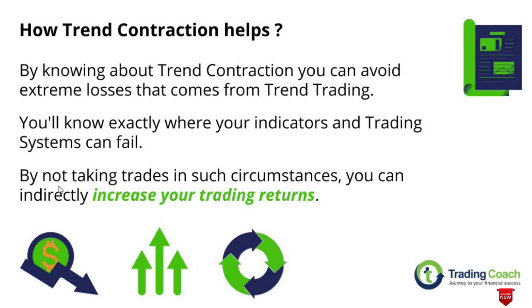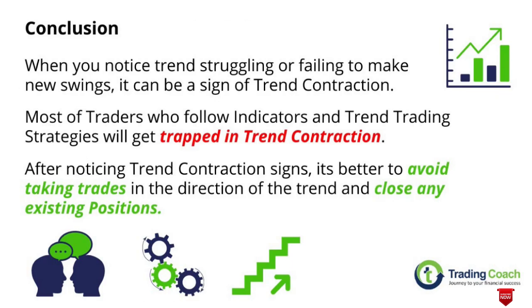And by not taking trades in such circumstances, you can indirectly increase your trading returns. So these are the three important benefits of learning about trend contraction. You will know exactly where most of the trend traders will end up making losses.